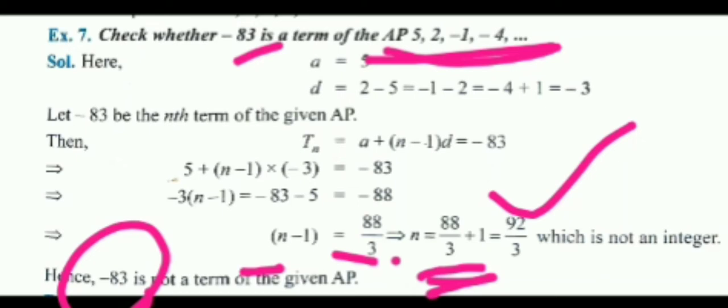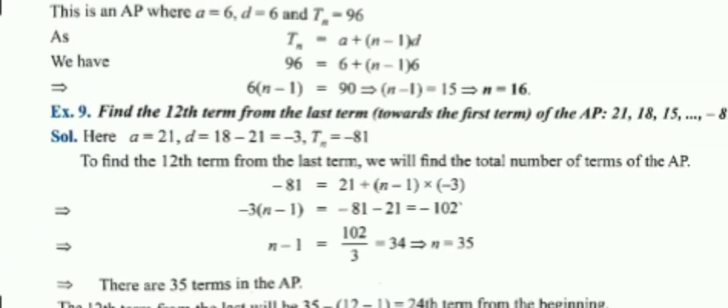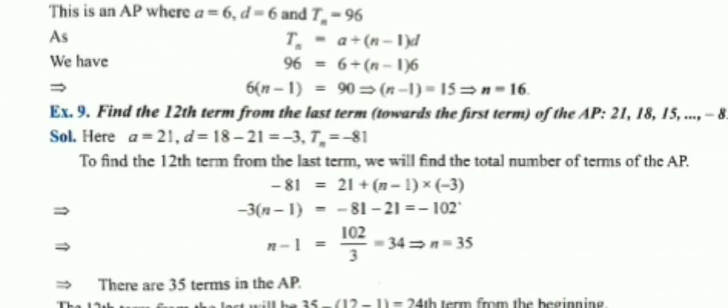Now students, just see example number 8. Here the question is, how many 2-digit numbers are divisible by 6? Again I am saying, how many 2-digit numbers are divisible by 6?